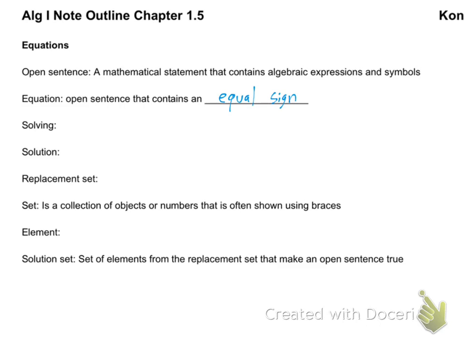Next word that we have to talk about is solving. What does it mean to solve? Finding a value for a variable that makes a sentence true. Yep.